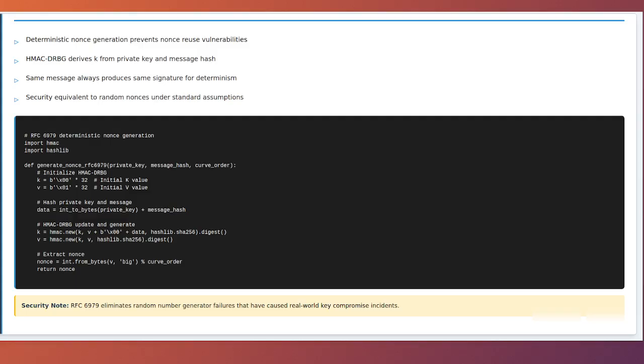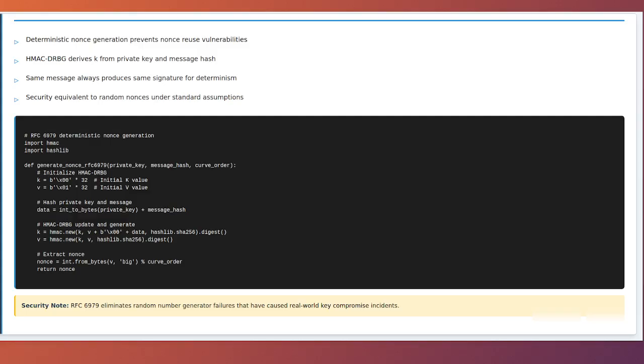This means that for any given message and private key combination, we always generate the same nonce. This completely eliminates the risk of nonce reuse because the same message will always produce the same signature, and different messages will produce different nonces. The RFC 6979 derivation process works as follows.